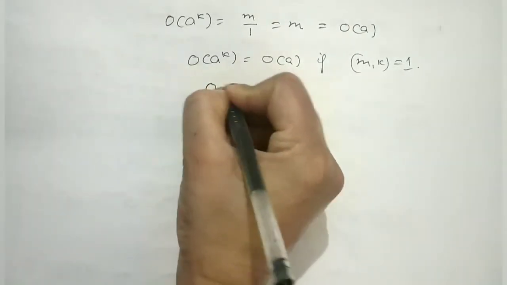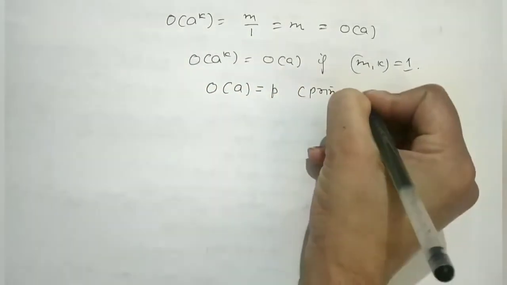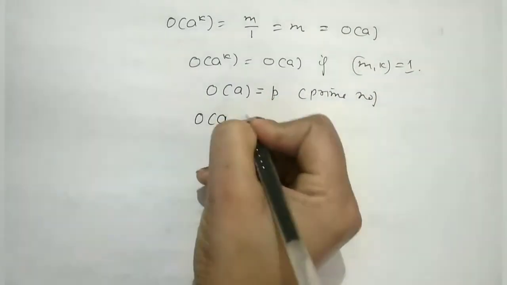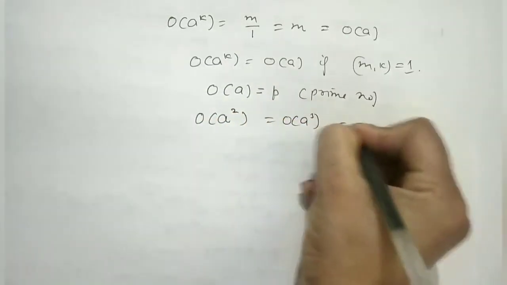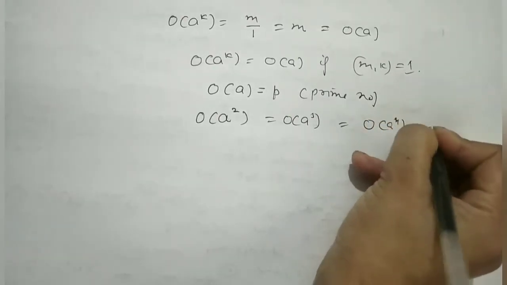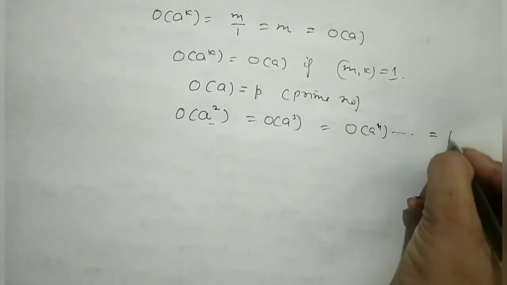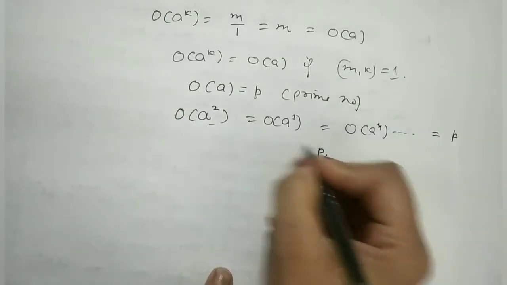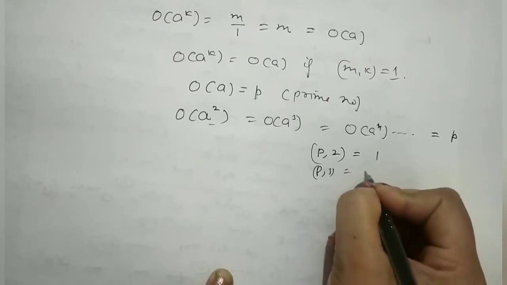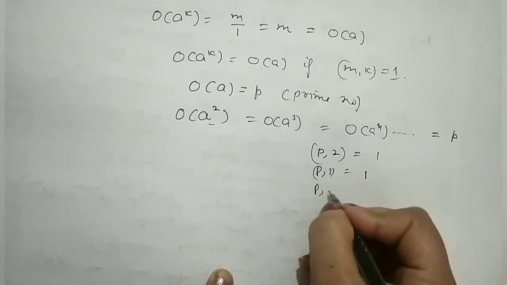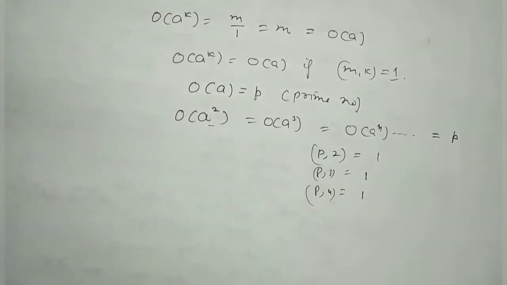Like if one number a has order p, which means it is a prime number, then any of its powers, a raised to power 2, a raised to power 3, a raised to power 4, all these elements have the same order, that is p, because p and any of these powers, 2, 3, and so on, will have GCD 1.